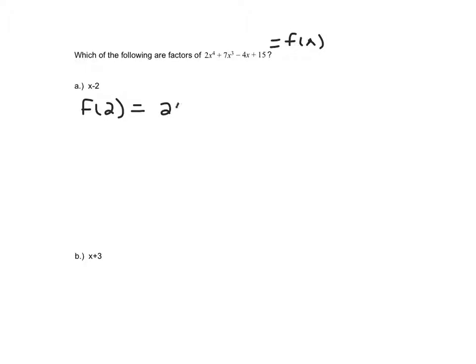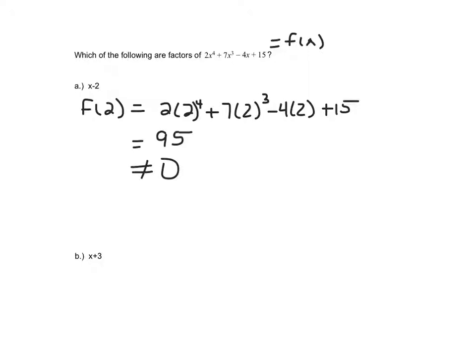So if we plug that in, we get 2 to the 4th plus 7 times 2 to the 3rd minus 4 times 2 plus 15. So calculating all this, I get 95. And really we don't care what we get. The big thing is that we don't get 0.